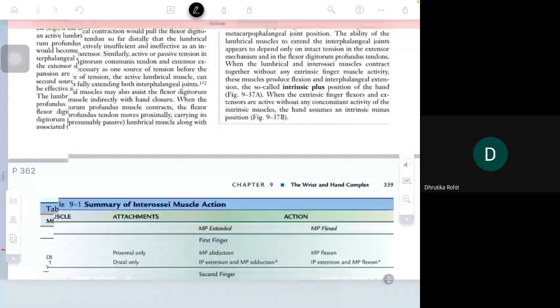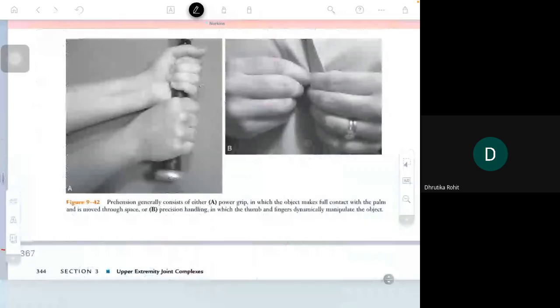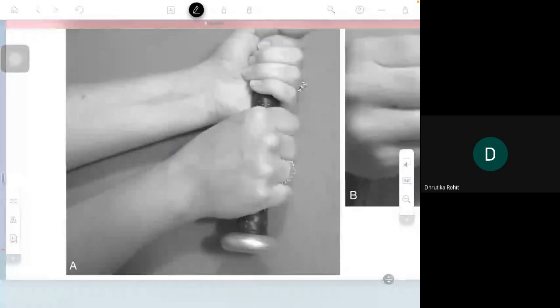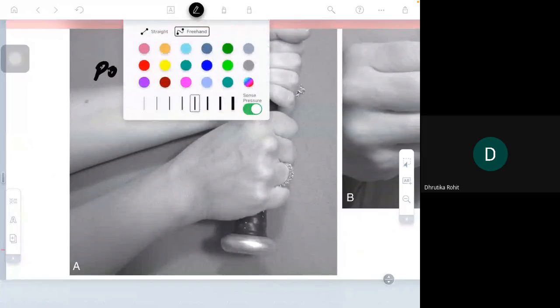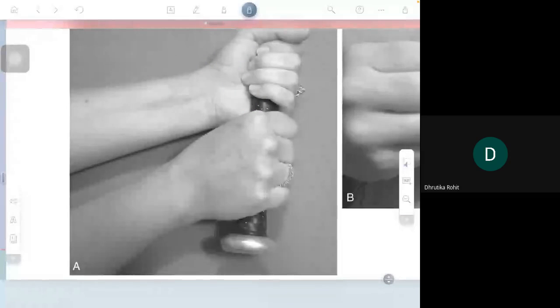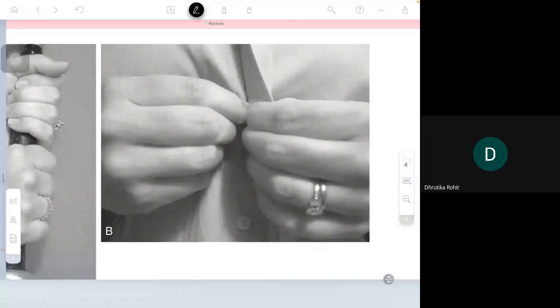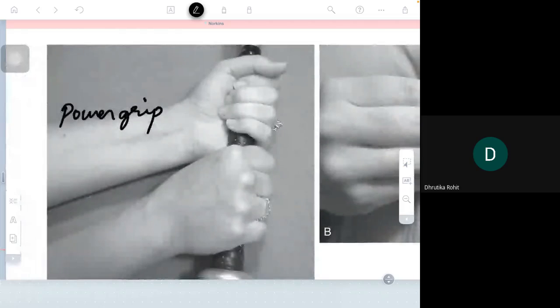So this is called power grip, and this one is called precision handling. First you see the image. Clear? This is an example for precision handling. This is an example for power grip.